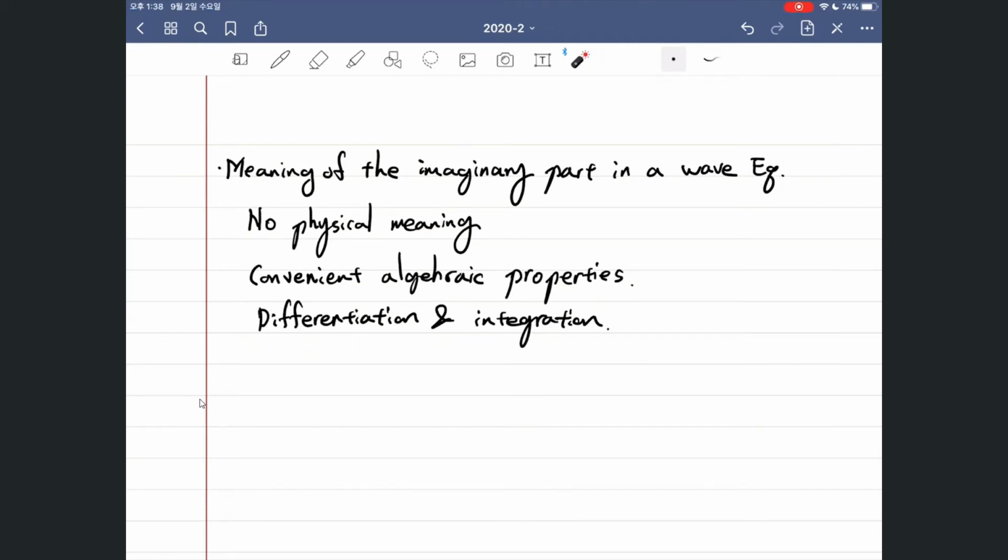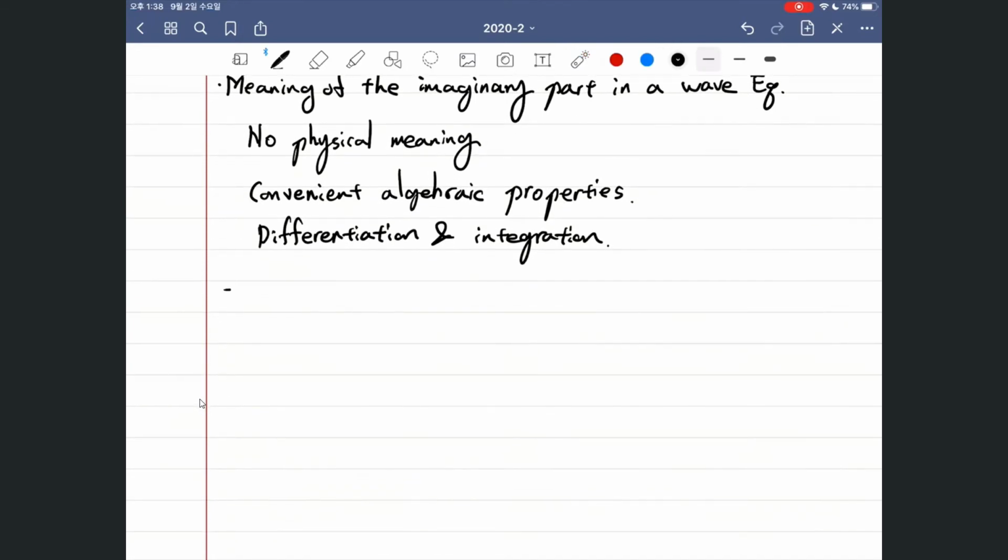Let's say, for example, y equals x squared plus 1. Then obviously you can say that there's no solution, correct?